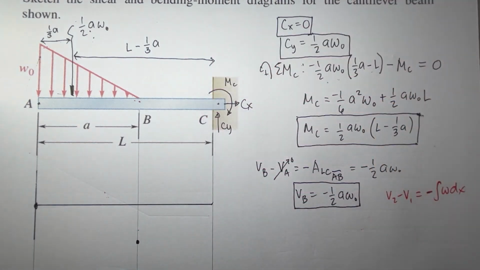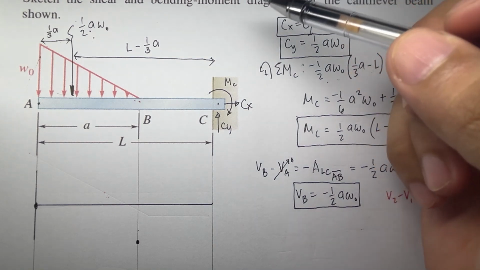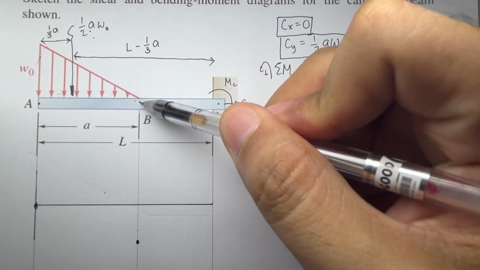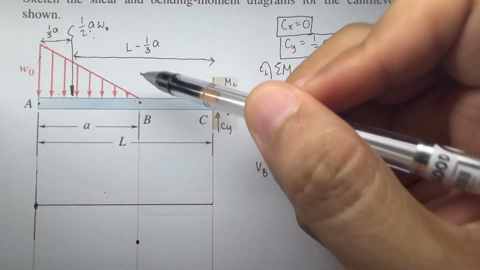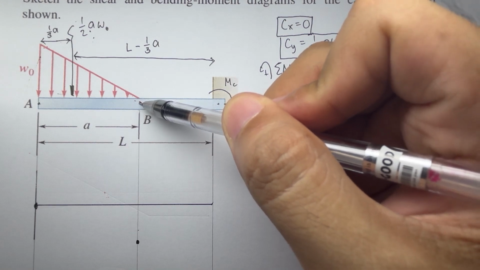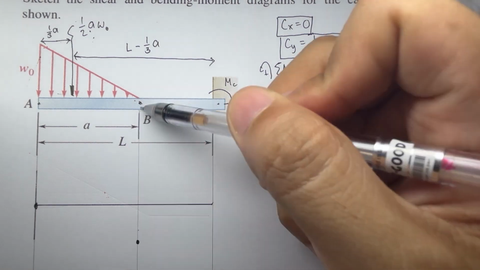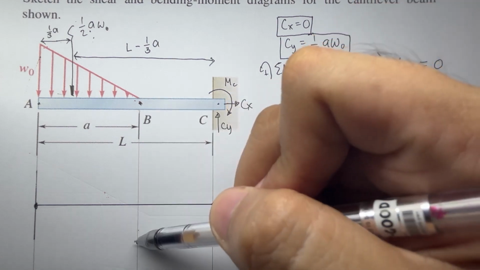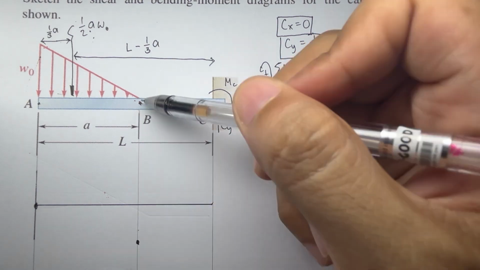Also take note that if our load diagram intersects our x-axis, or our load is 0 at point B here, therefore in our shear diagram that point is where our maximum shear is located.